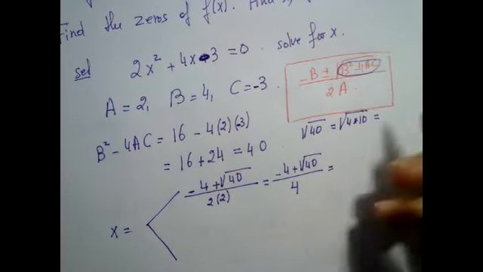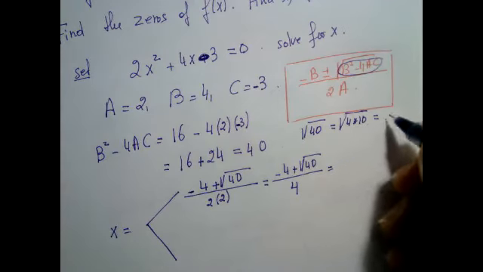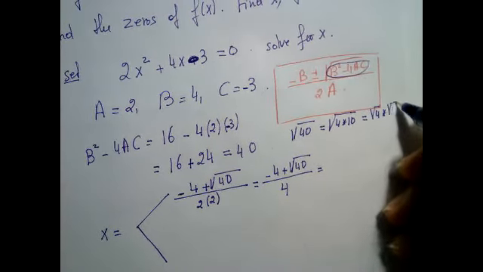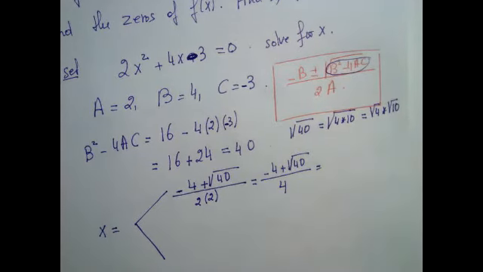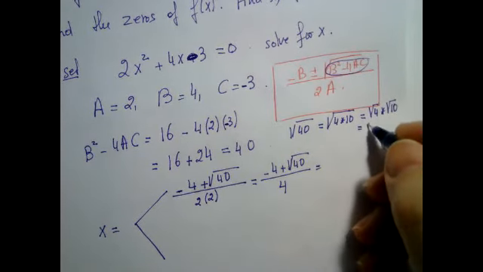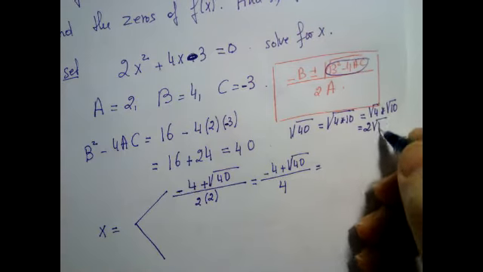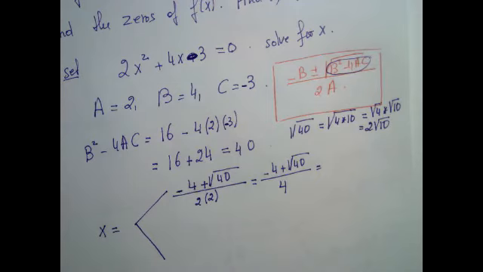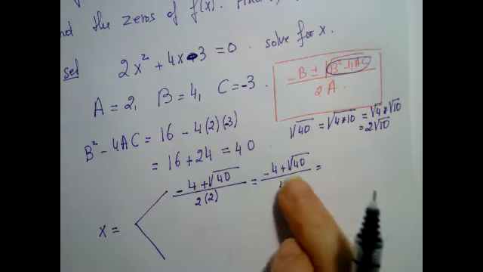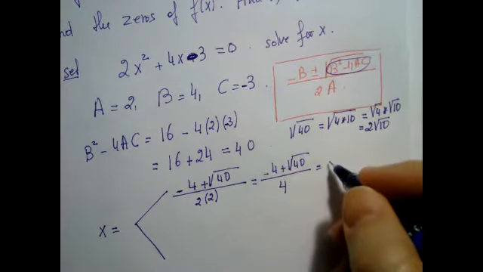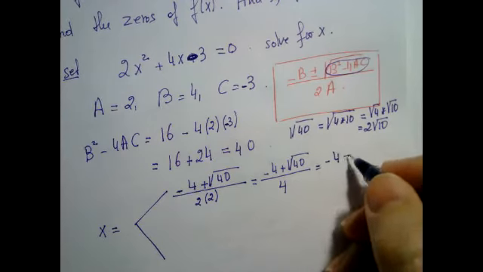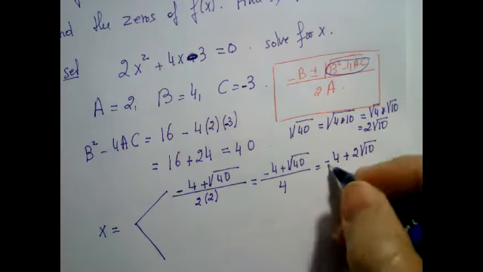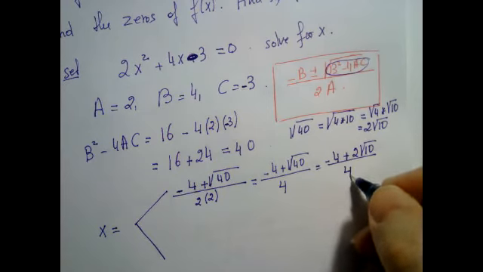Okay. This is equal to what? I can split this into the square root of 4 times the square root of 10. Now the square root of 4 is 2. I will get 2 times the square root of 10. So the square root of 40, I can simplify into 2 square root of 10. So I will get minus 4 plus 2 square root of 10 divided by 4.